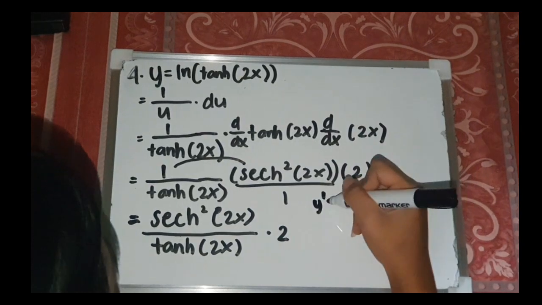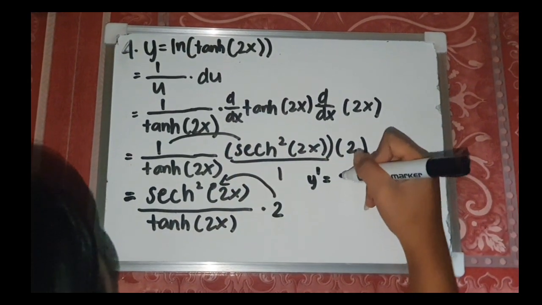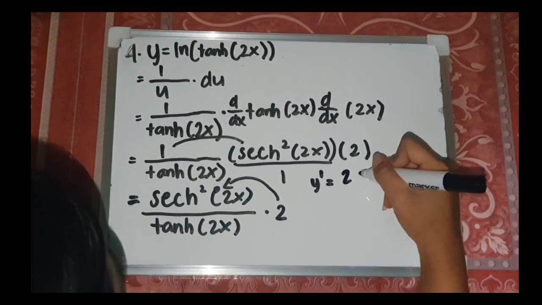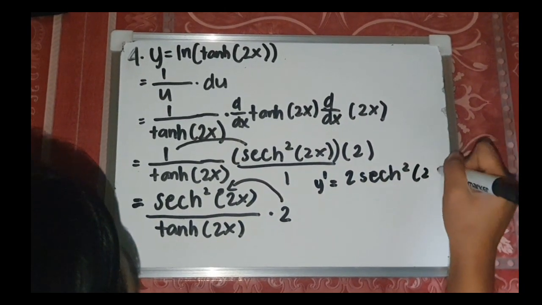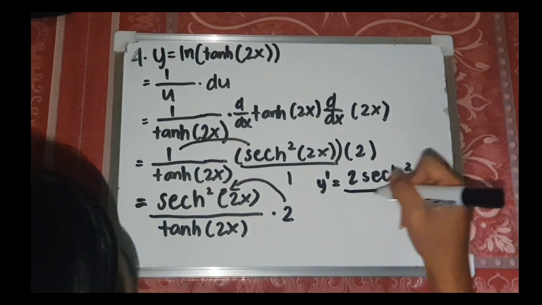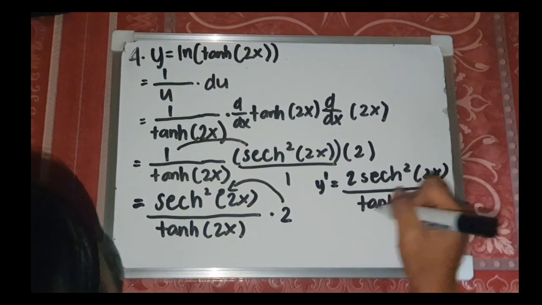So 2 times hyperbolic secant squared 2x is equal to 2 hyperbolic secant squared 2x over hyperbolic tan 2x. So this is our answer.